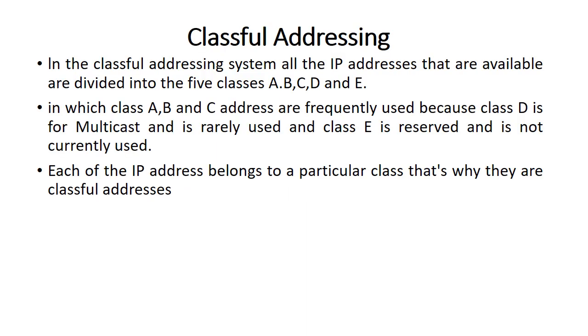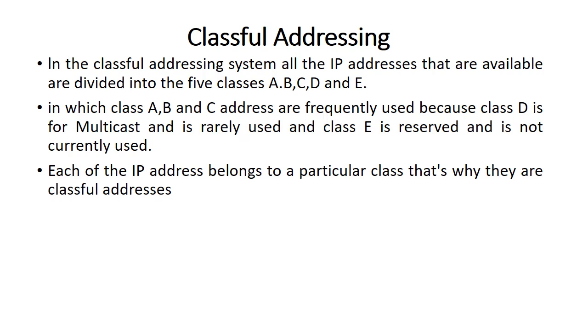In the case of classful addressing, we have discussed what an address space is. The entire address space in classful addressing is divided into different classes: A, B, C, D and E. We will discuss what a class A IP address and a class B IP address are. Classes A, B and C are frequently used. Class D is used for multicast, and class E is reserved and not currently used.